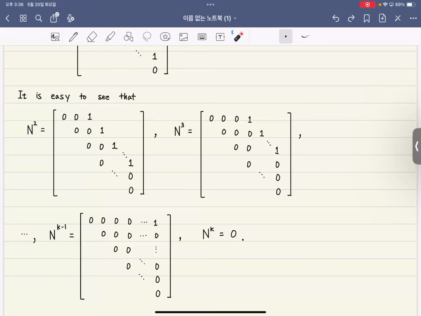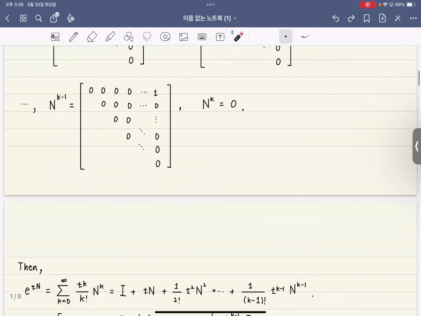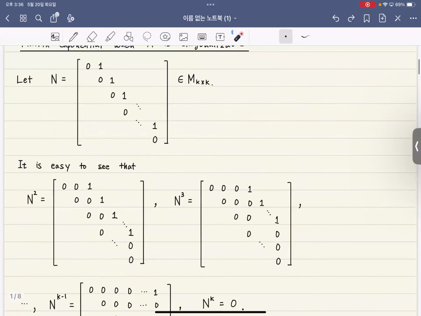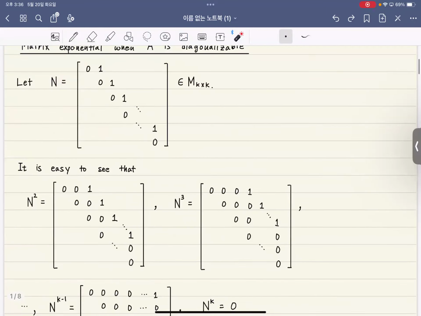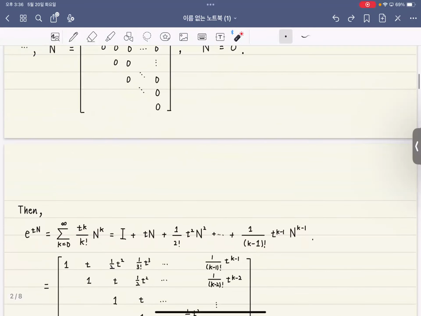What we want to do is find the matrix exponential of this matrix N. By definition, you are supposed to compute this infinite series. But this is actually not an infinite sum; this is a finite sum. Can you see why?